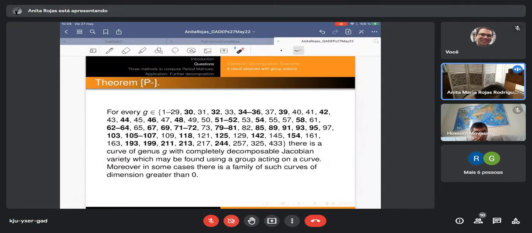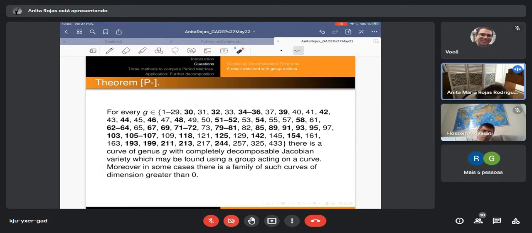Just using the group algebra decomposition, we were able, with Jennifer Paulhus, to fill some gaps of Ekedahl and Serre. If you remember, the smallest gap in Ekedahl and Serre's work was 30. And with group algebra decomposition, we were able to fill that gap.